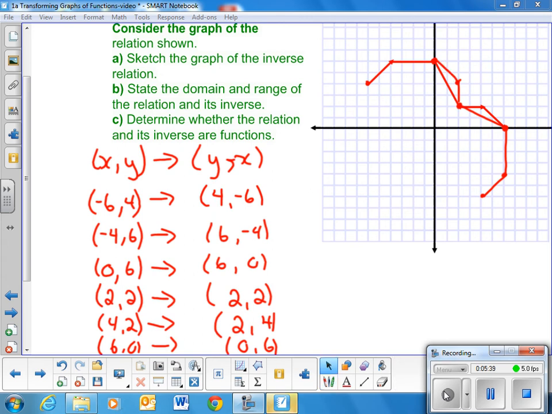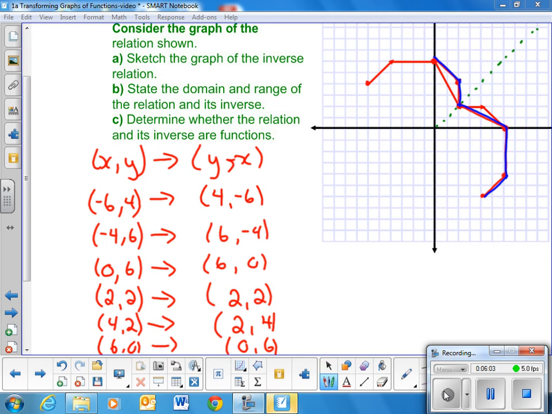Let me retrace that in a different color just so we can see that inverse a little bit better. And so hopefully you can see that this is a reflection in y equals x, which would be this line here. Everything has been flipped over top of that.